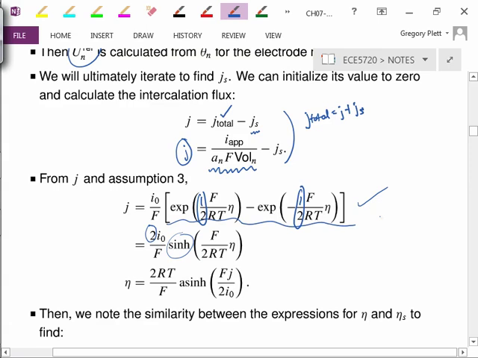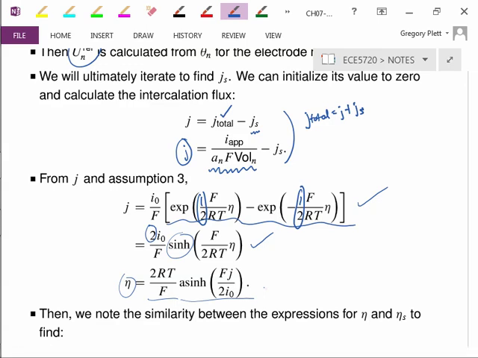That allows us to solve for eta by inverting this hyperbolic sine. So eta is 2RT over F times the inverse hyperbolic sine of FJ over 2I0. So now I've got an expression for the overpotential of the forward reaction, the normal reaction of this cell.